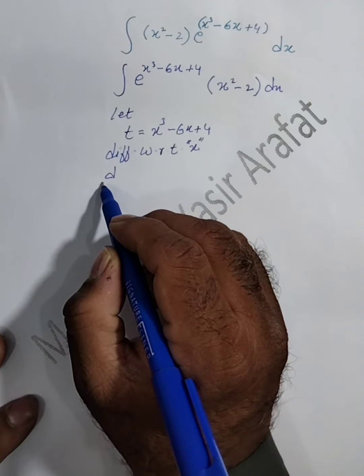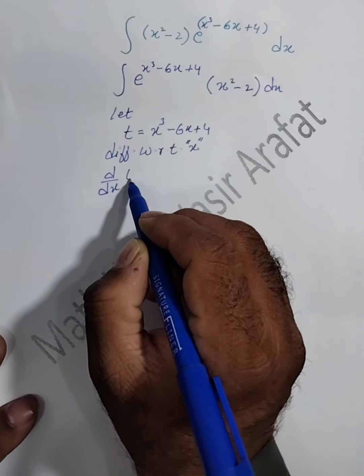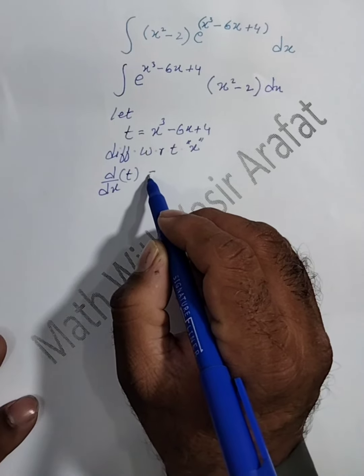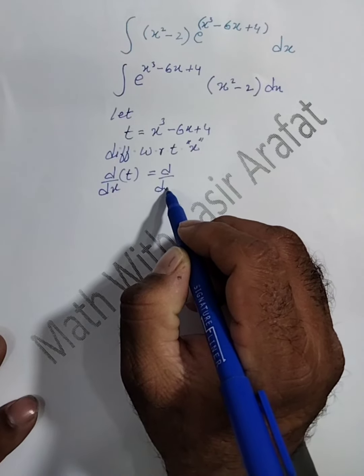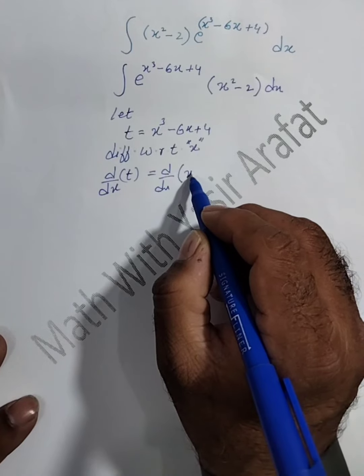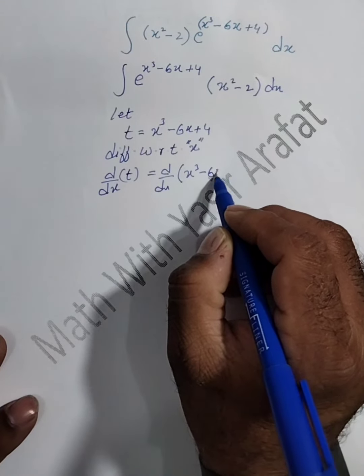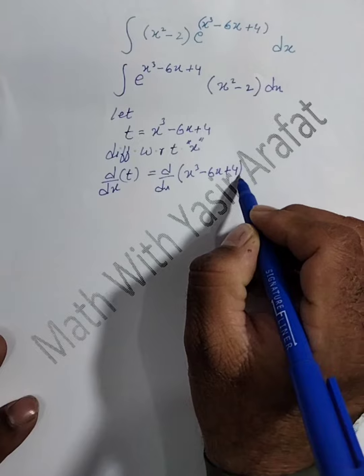So this is d/dx of t and d/dx of x³ − 6x + 4.